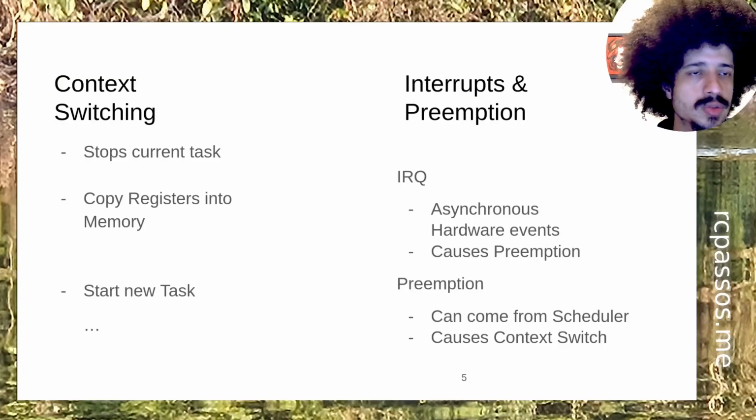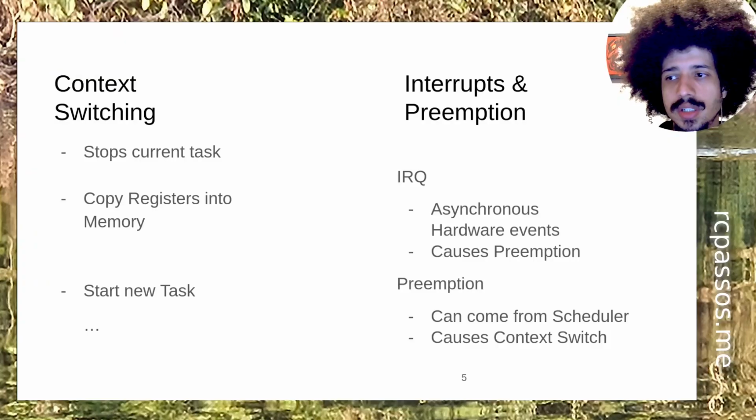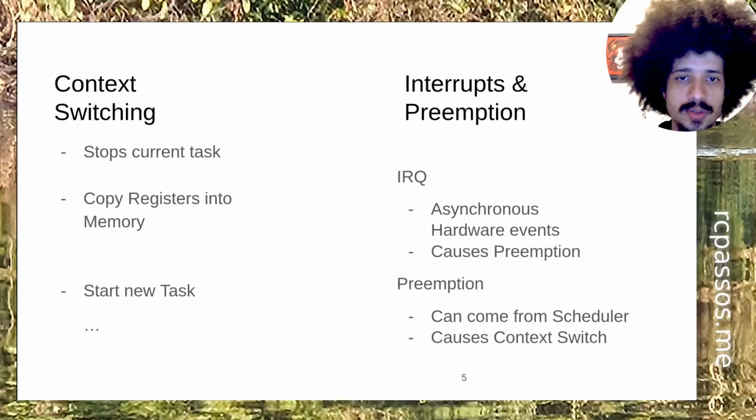First, context switching. What is it? When I said earlier that we can have one task executing and then go to another and then go back to the first one, this is context switching. The CPU needs to have all the registers that it's using for the first task set in place for when it's going to return to this task.